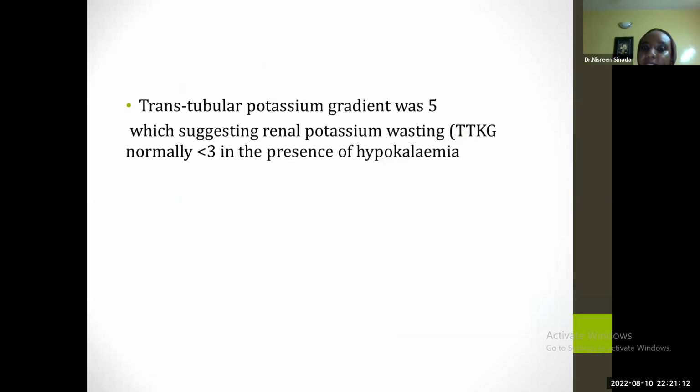You do the urine potassium, the serum potassium, the urine osmolarity, and the serum osmolarity, and you calculate the transtubular potassium gradient. And it was 5, which suggests that there is renal potassium wasting. TTKG in the presence of hypokalemia should be less than 3. And in our patient, it was 5, so that suggests there is renal potassium wasting.